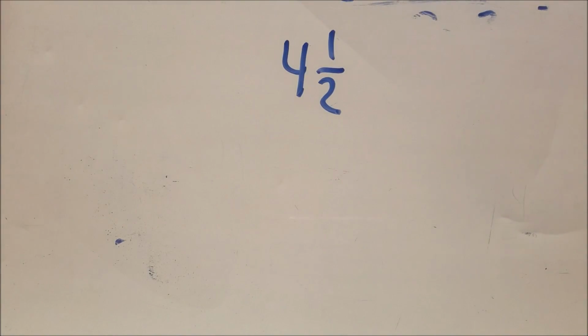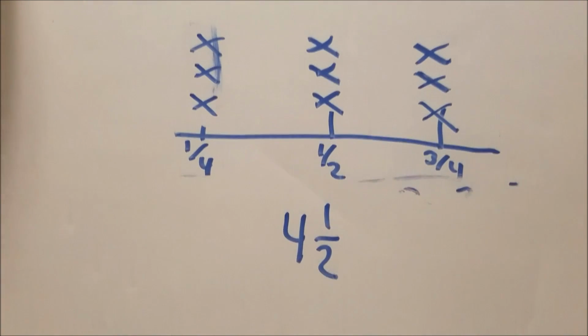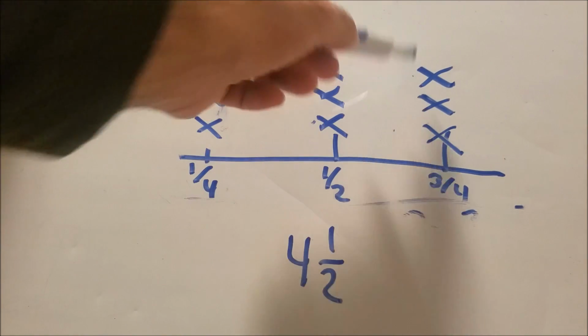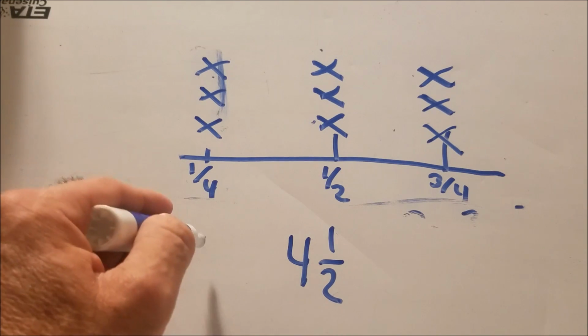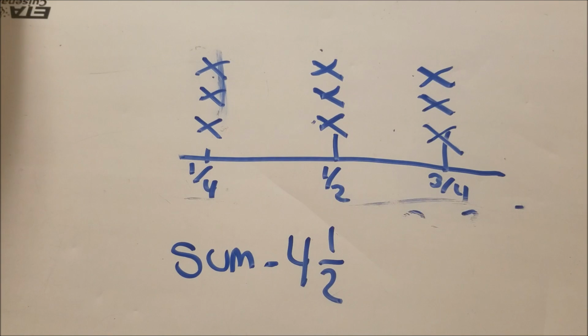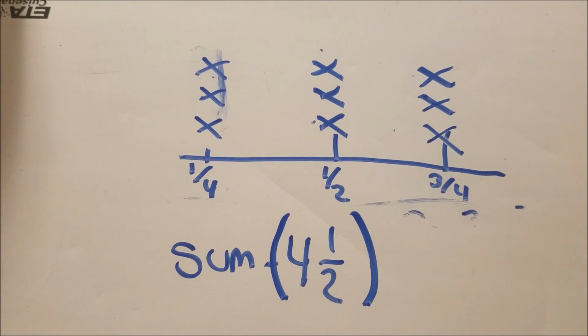But to get the average, we need to know the amount we started with. How many did we start with? We started with 3, 6, 9. We started with 9. So this is the sum. And now we need to divide it by 9. Right? So let's divide 4 1/2 by 9.